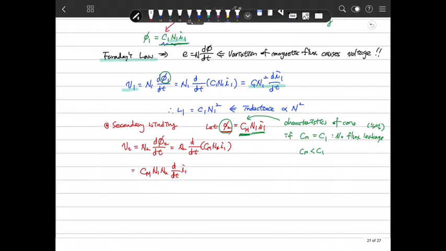We make very similar terms here, but we define this as a relationship between voltage and current. We define this as another name, M, which is Cm N1 N2, because this is a mutual inductance.